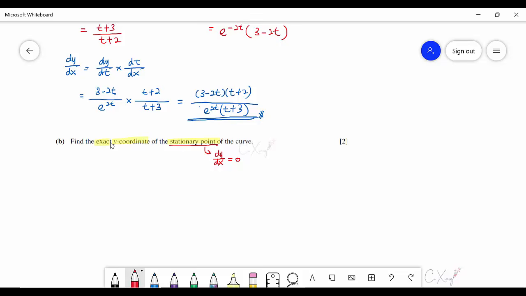From the first part, we already have the dy dx here. So I will straight away let dy dx be equal to 0.